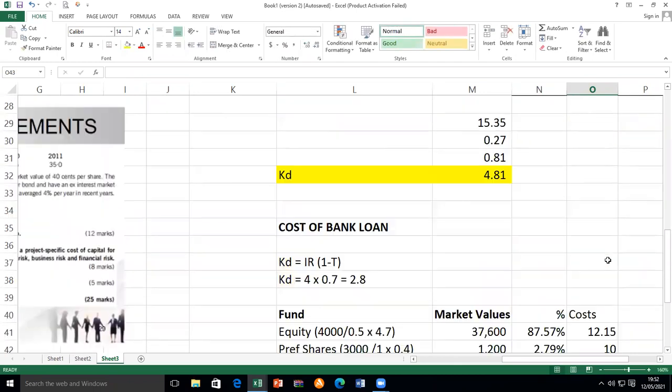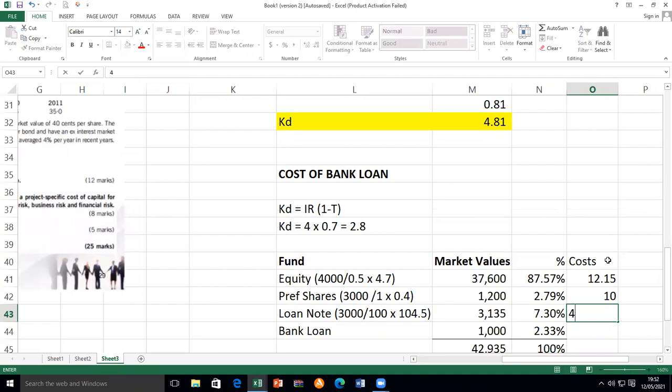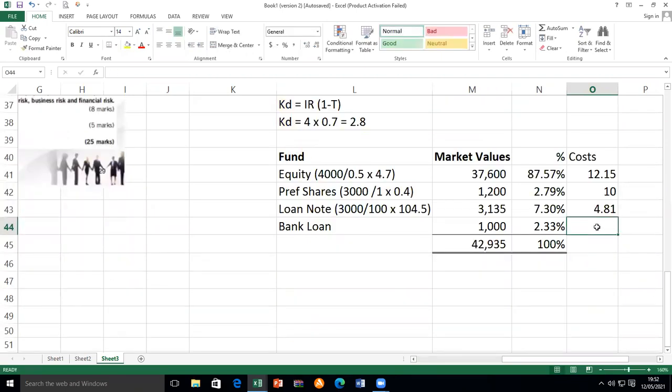Loan notes. Bank loan. And then you got your work.